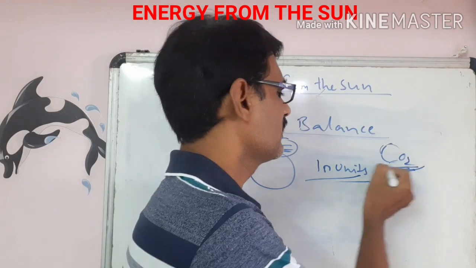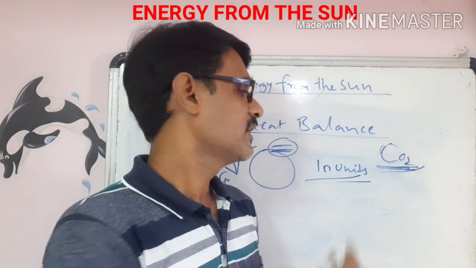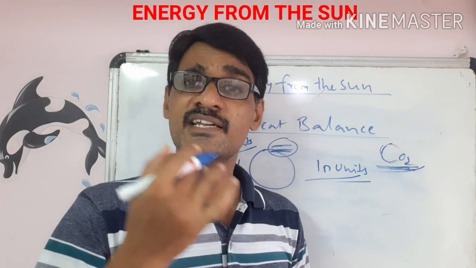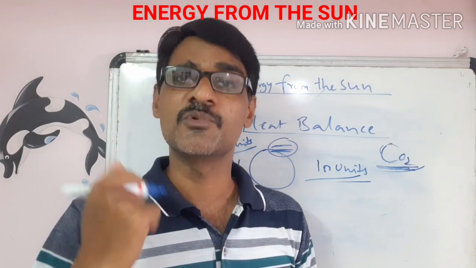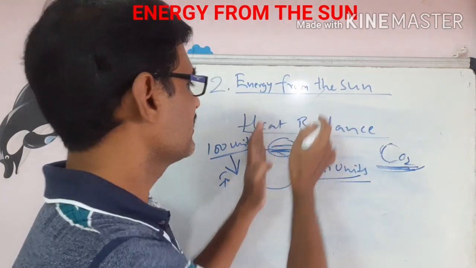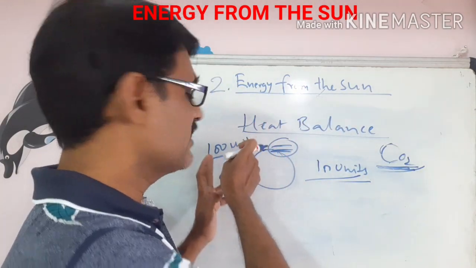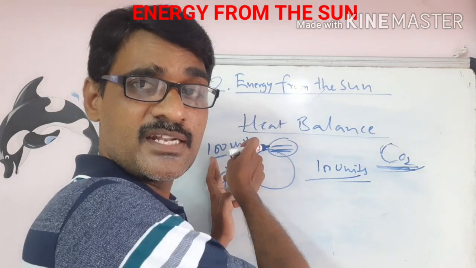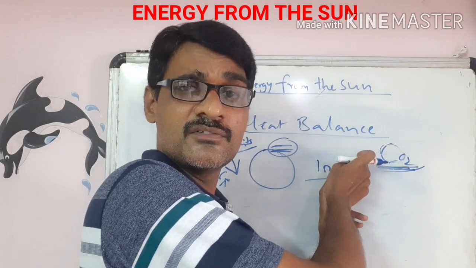So, by increasing the CO2, the terrestrial radiation is disturbed. What is terrestrial radiation? The releasing heat. We have received the 100 units from the sun and we are releasing the 100 units.